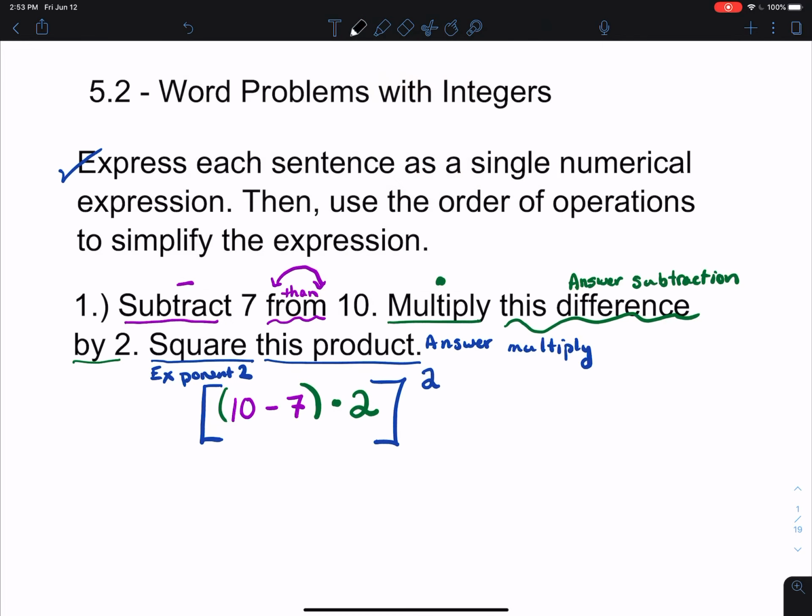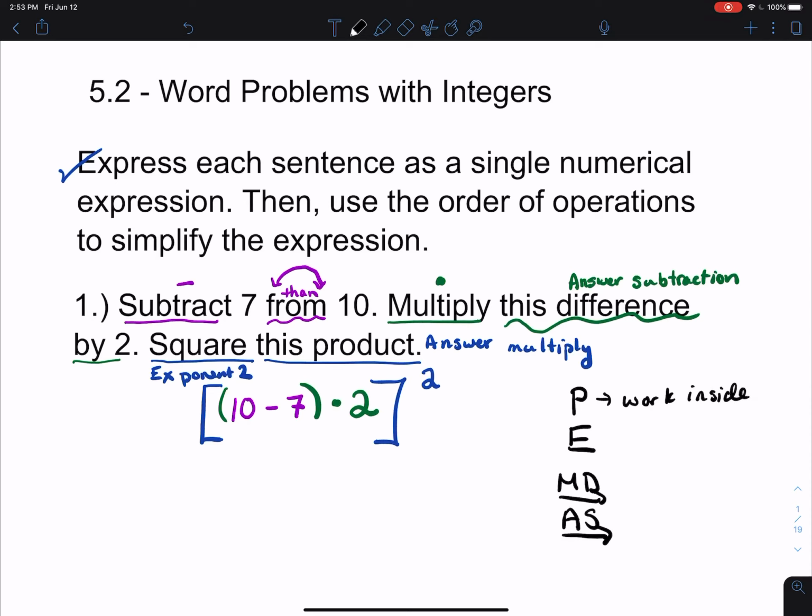Now I have to use the order of operations to simplify it. So for the order of operations, I use PEMDAS, or the acronym Please Excuse My Dear Aunt Sally, to help simplify a problem. P stands for parentheses, and with parentheses, I work from the inside out.